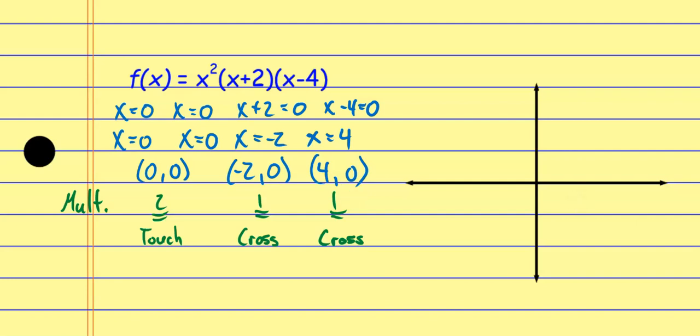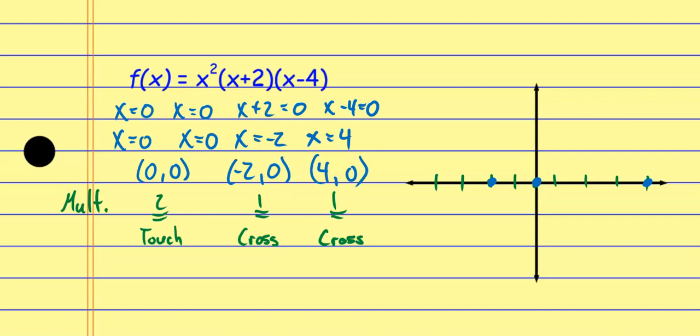And so I approach this the same way I did before. Ready? I plot these points. See, I've got 0, 0, I've got -2, and I've got 4. Oh, should have used a different color there so we can see them. And now I look at the end behavior.